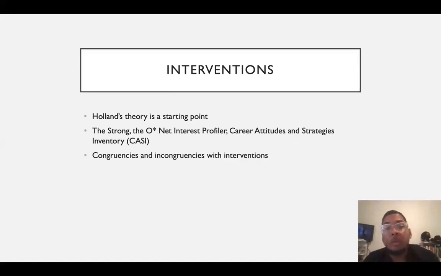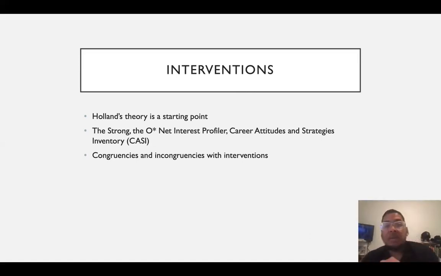In conjunction with Holland's theory, there are other assessments that can help clear out your interests and desires, such as the Strong, the O-Net Interest Profiler, and CASI, which is Career Attitudes and Strategies Inventories. When used together, these assessments help in clearing out those interests, desires, and wants.